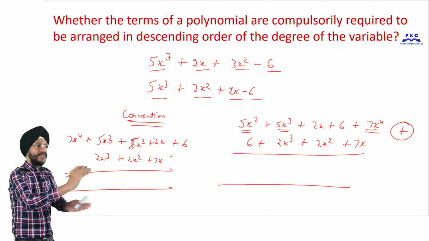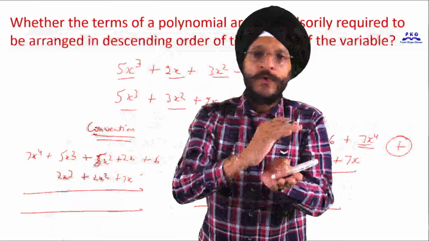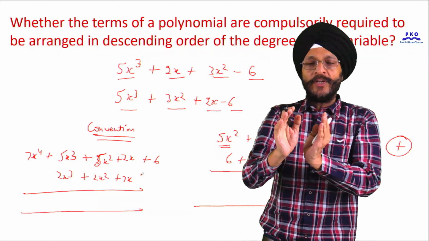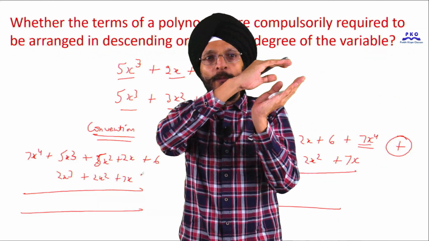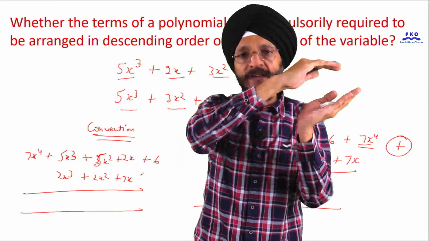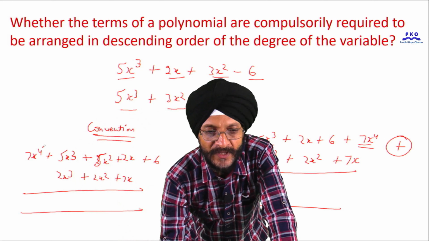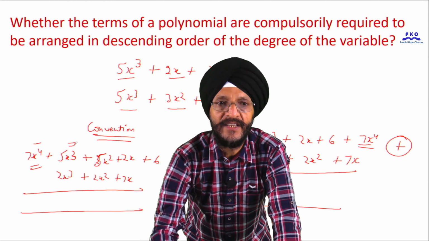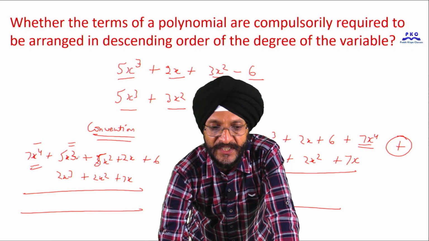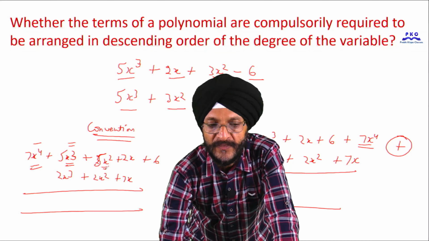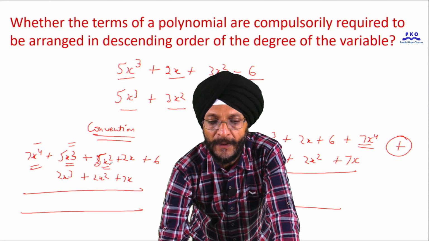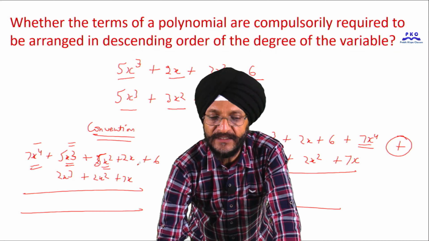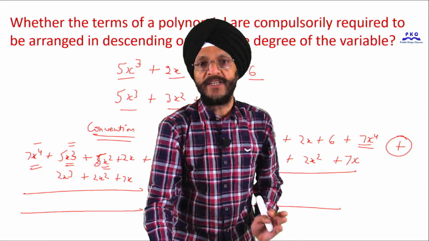So it becomes easy for us to work with polynomials if the terms of the polynomial are arranged in the descending order. Because here there is uniformity: first comes the highest degree, then the next highest degree, then the power below this, that is after x cube comes x square, after x square comes x, and then comes the constant.